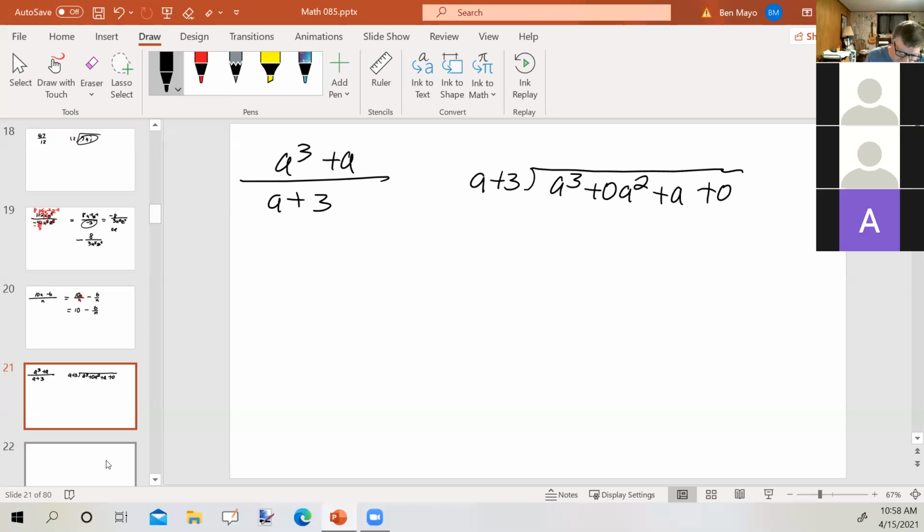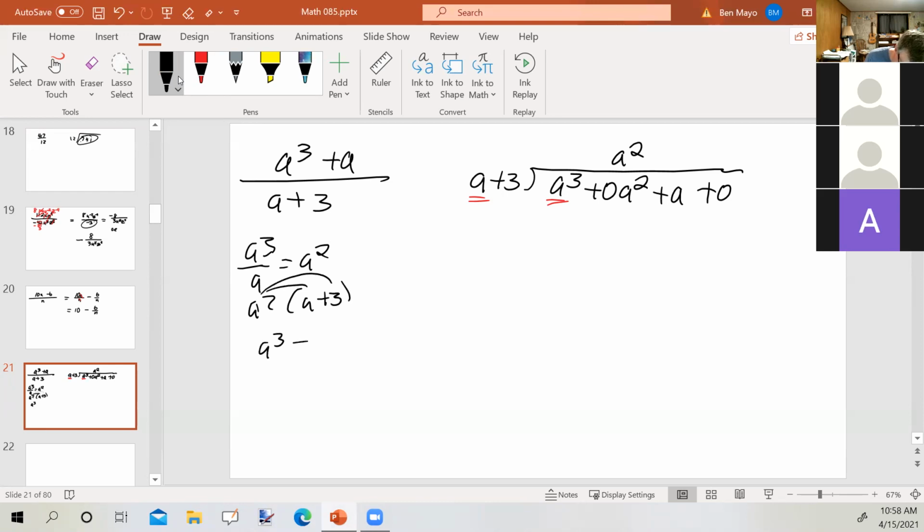All right. Leading term divided by leading term. A cubed divided by a to the 1st power is a squared. A squared times a plus 3 is a cubed plus 3a squared.